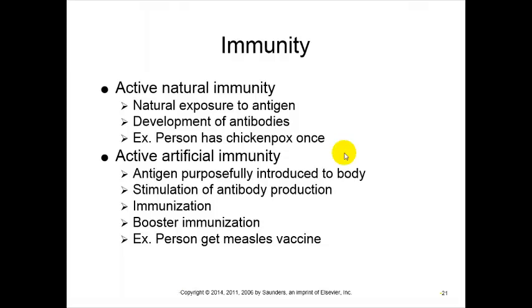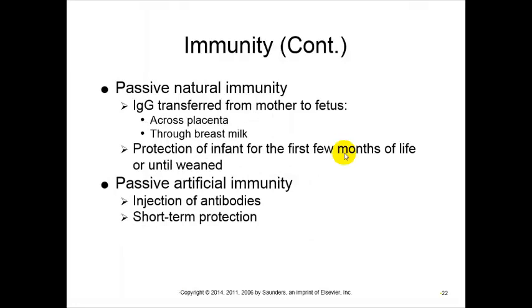Okay, that contrasts with passive immunity, where we're actually just transferring antibodies. So passive natural immunity is where the antibody immunoglobulin G is transferred from the mother to the fetus. So this is the natural process, and it can be transferred two ways: across the placenta.